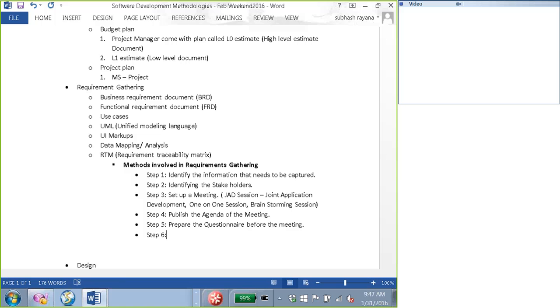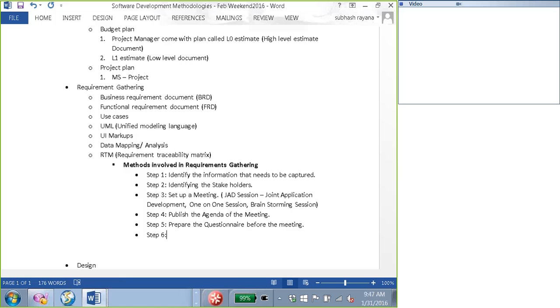Once they start giving you the answers, you have to make sure that you document the summary. You should make running notes out of the meeting, and you also have to be really good at summarizing.